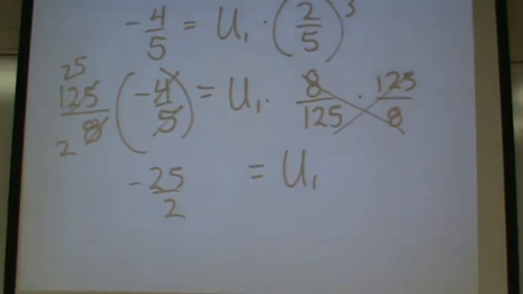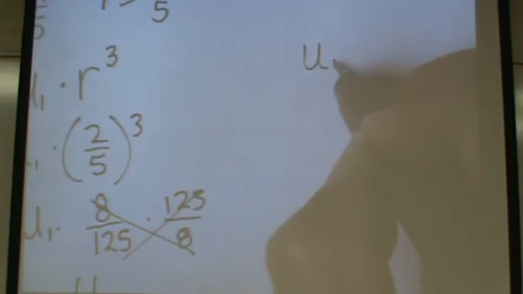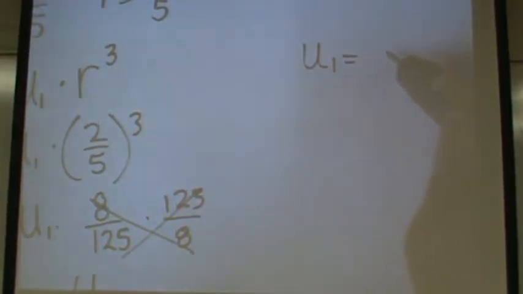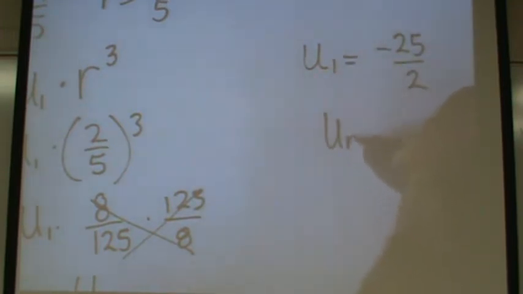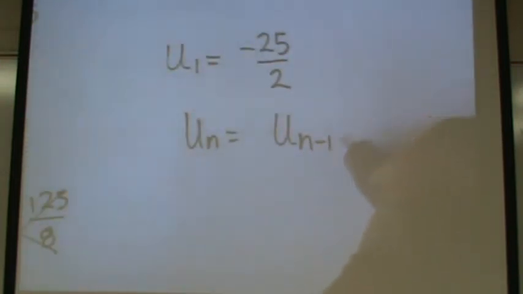And so your two formulas would be, for the recursive, you're going to state your first term, which we just found, negative 25 over 2. And whatever term you want, it's the previous term times the r value, which was given to us.